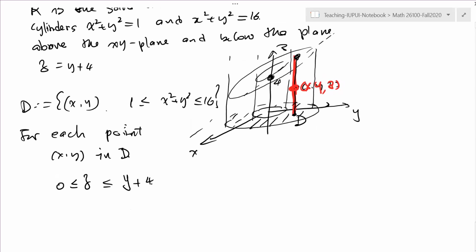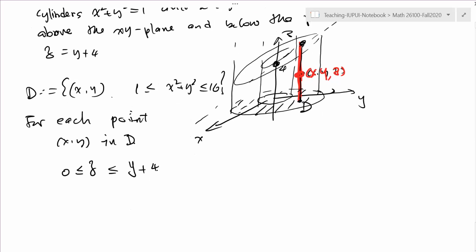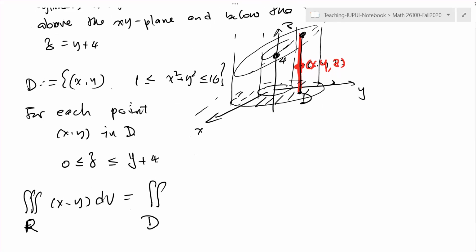Then, very similar to the last problem, this triple integral over E, let's use R here, of x minus y dV can be evaluated using this iterated integral.